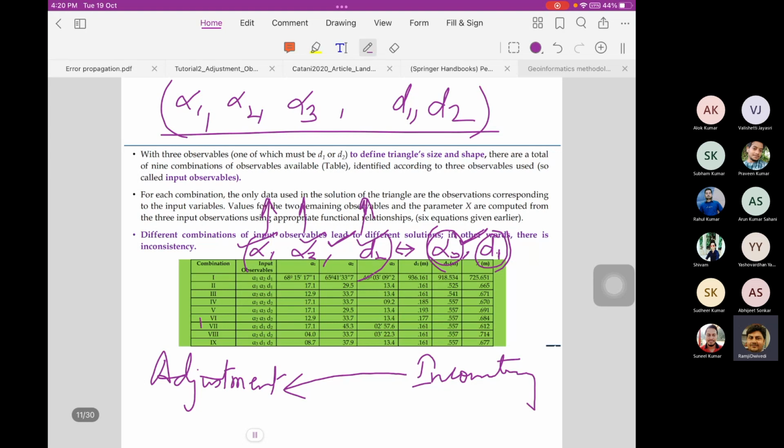You will simply say alpha 1, alpha 2 and d2. That means the fourth is best out of 9. You know it. Then why would you go for averaging? Averaging would never give you the fourth solution 0.6701. It would always be on the higher side because the rest of our values are quite a lot higher.